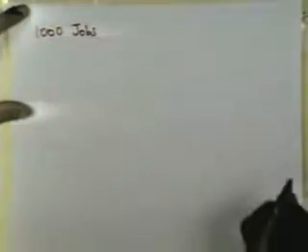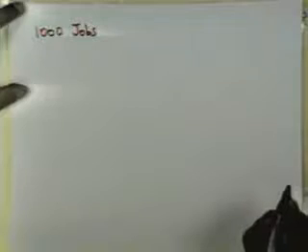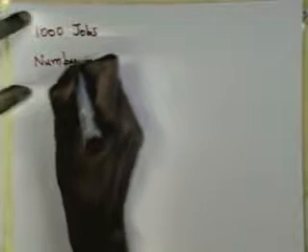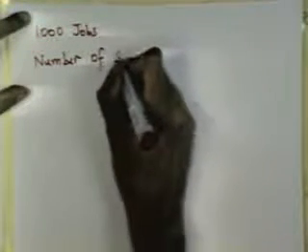Let's do a quick calculation to see how much time your algorithm is going to take on inputs of size 1000. If you have 1000 jobs, the number of subsets of jobs that you look at is 2 to the 1000.